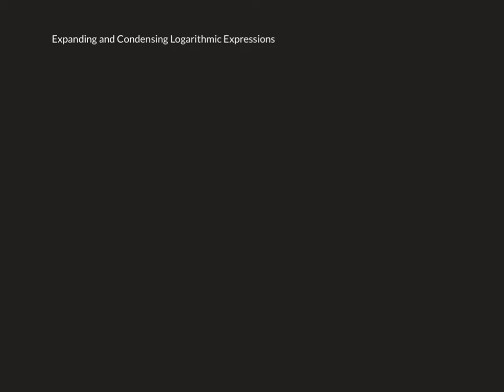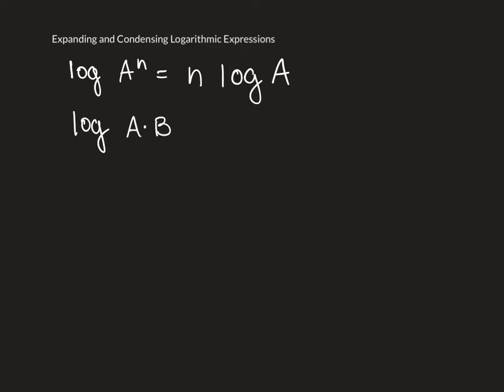So, for example, log of a to the n equals n log of a. Okay, another property, this is also for natural log. If you are doing natural logs, log of a times b is equal to log of a plus log of b.